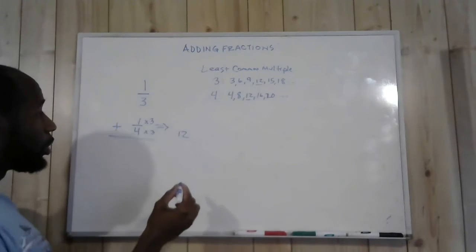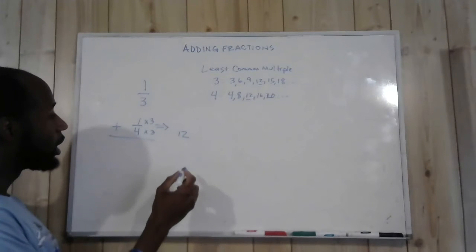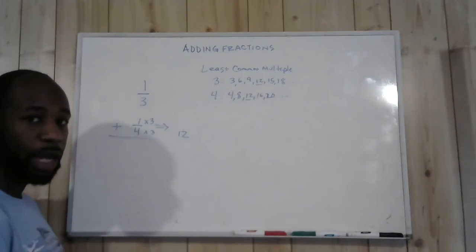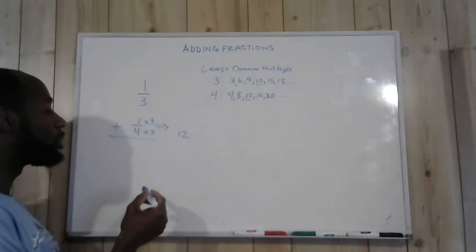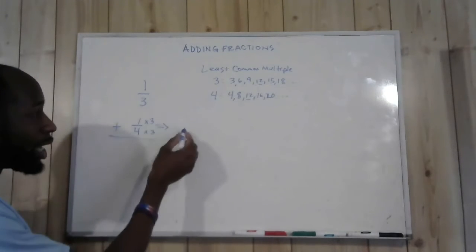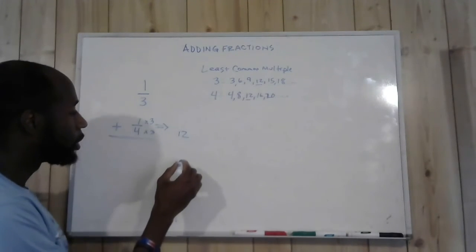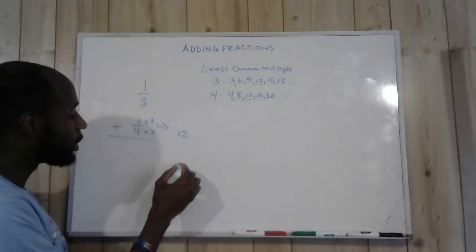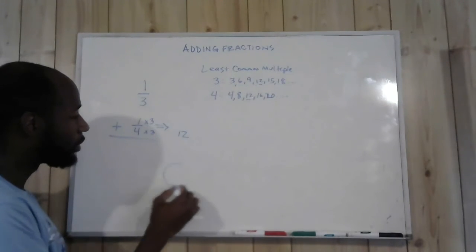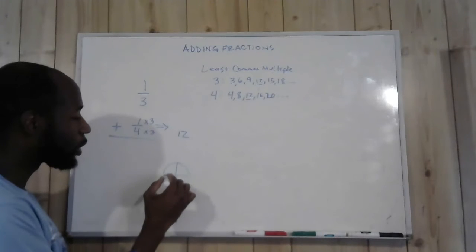Let me kind of show real quick why that's the case. So say, for example, you just multiply the denominator times 3, and then you got 1/12 as your new fraction. It's going to be a lot for me to draw that, but let's just try. So this is 1/4 right here.